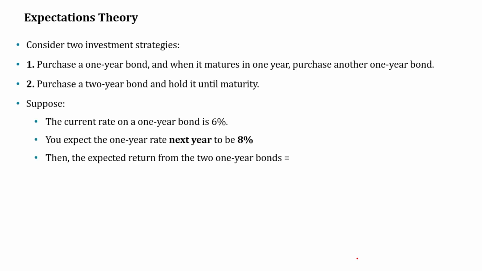So suppose the current rate on a 1-year bond is 6%, and you expect the 1-year rate next year to be 8%. Then the expected return from the next two 1-year bonds equals the average of the first year and the expected rate of interest in the second year.